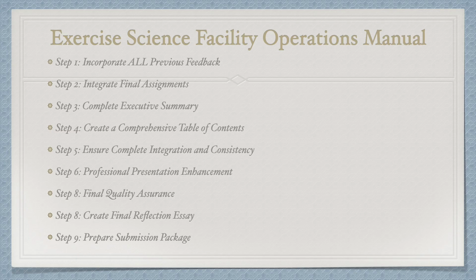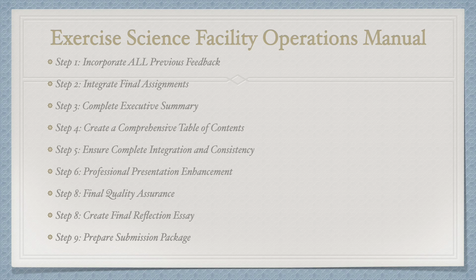Should include all the sections with subsections, all appendices, page numbers, make sure they're accurate, hyperlinks to sections if you use hyperlinks anywhere in there, clear hierarchical structure, easy navigation.